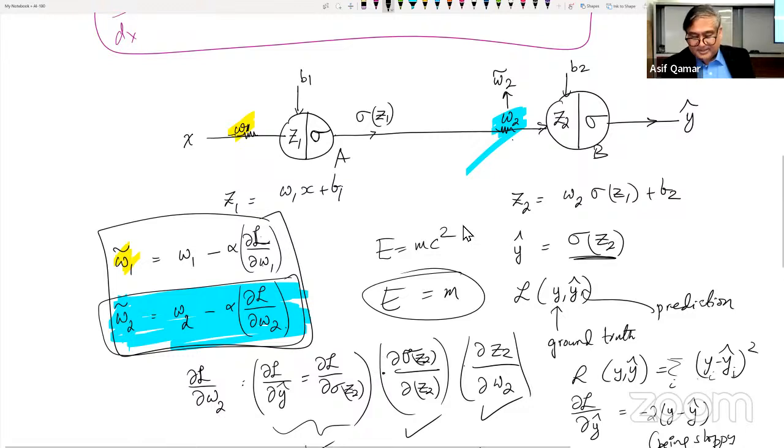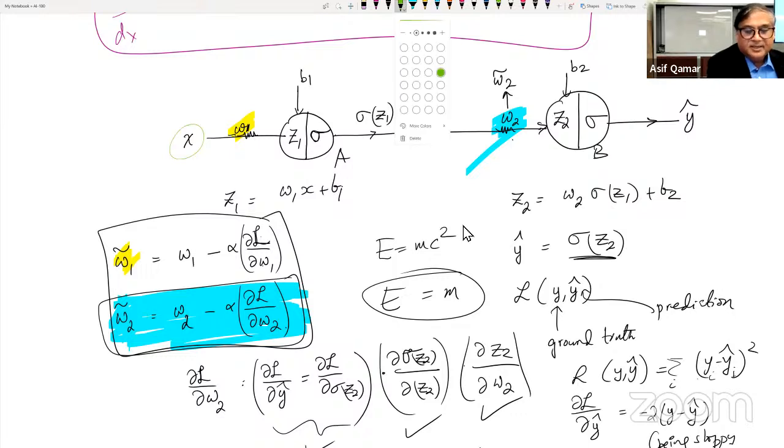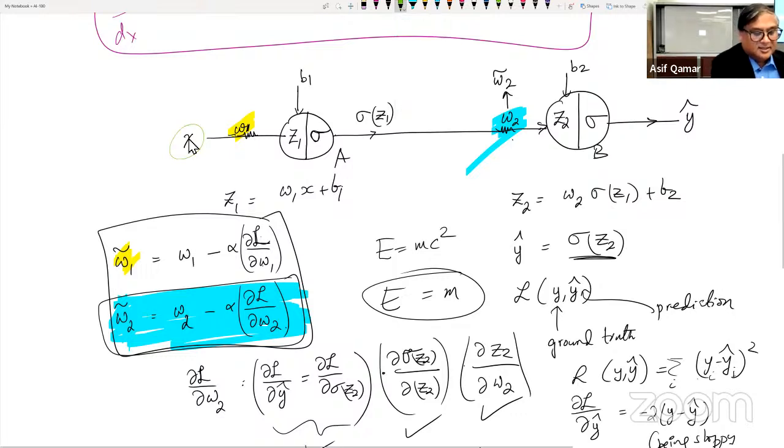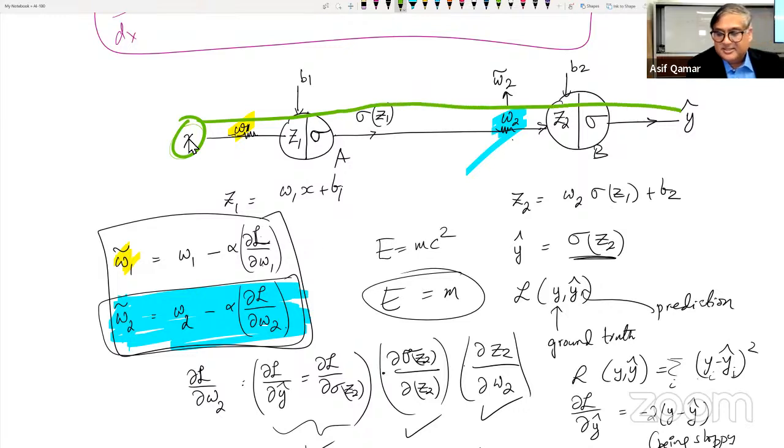Once you get the loss, think about the journey. Let's take the forward journey. You fed in X. X went through this, and produced this, right? Y hat. Then out of Y hat, you compared it to the ground truth and got the loss.